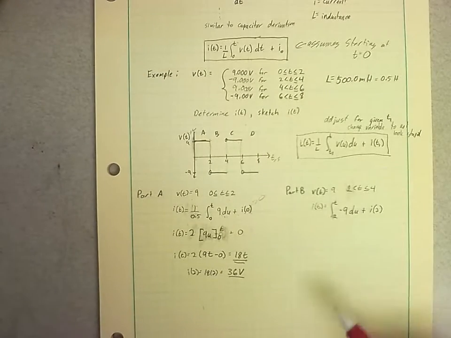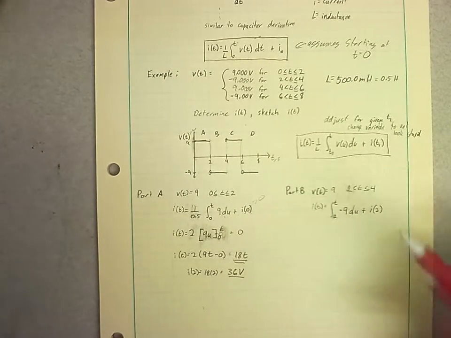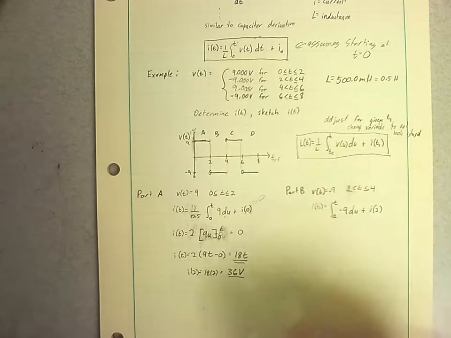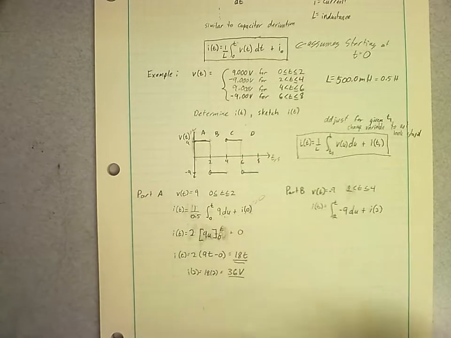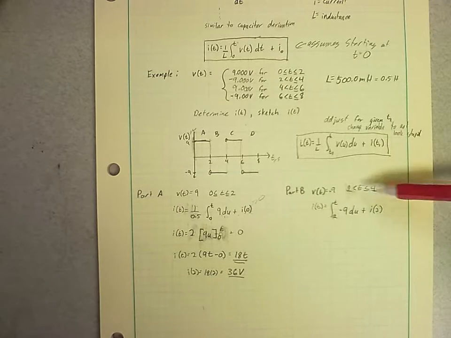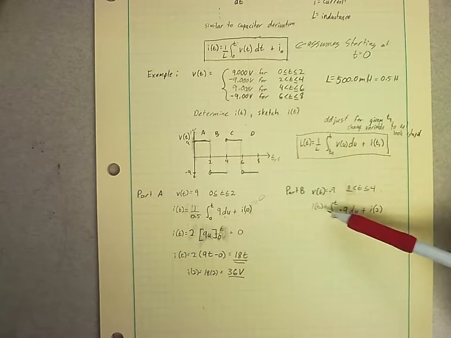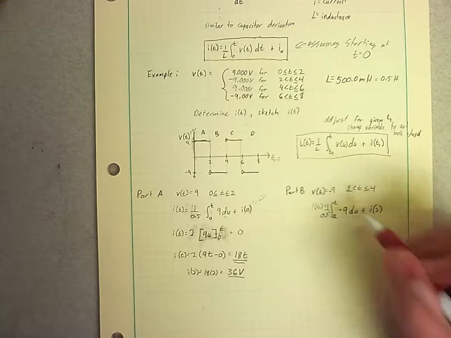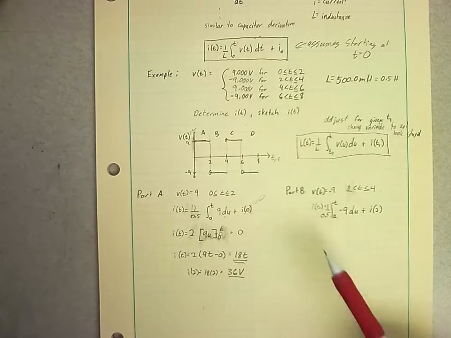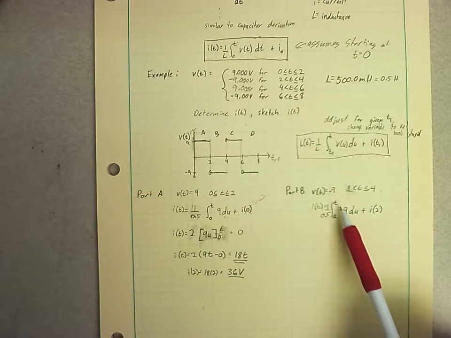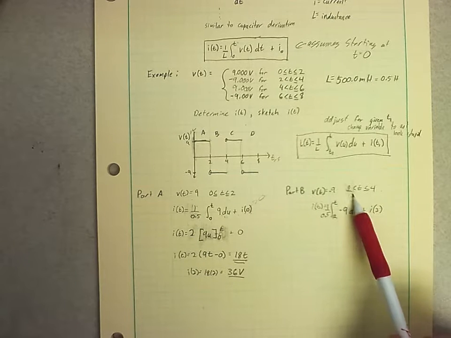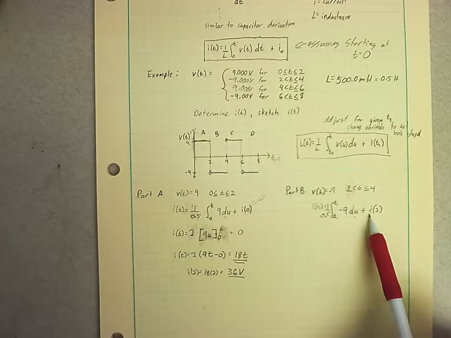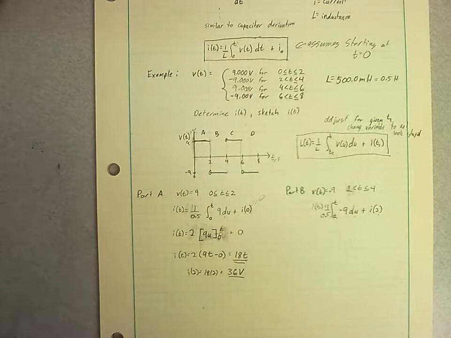So when I'm working on part B, the voltage is negative 9 between 2 and 4. So I is going to be 1 over 0.5, that's 1 over my inductance, times the integral from 2 to t, since we start at 2, of negative 9 du, plus what I at 2 is.